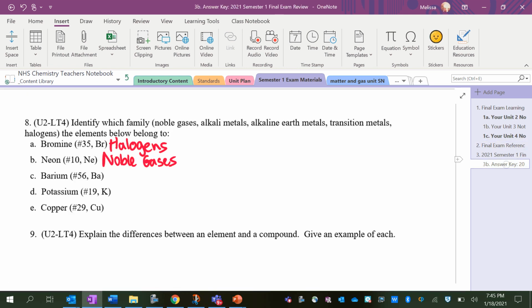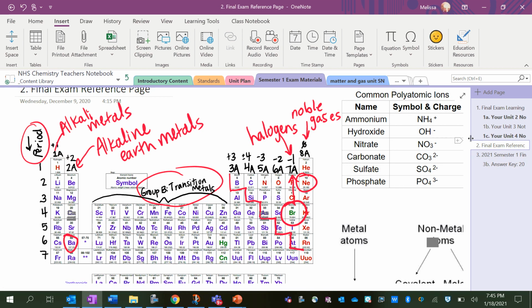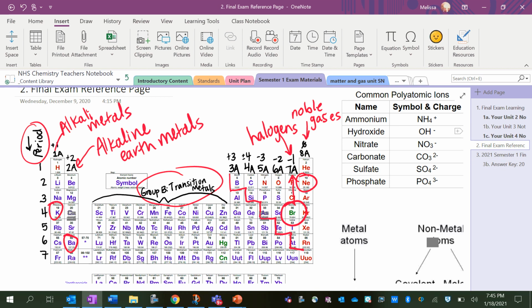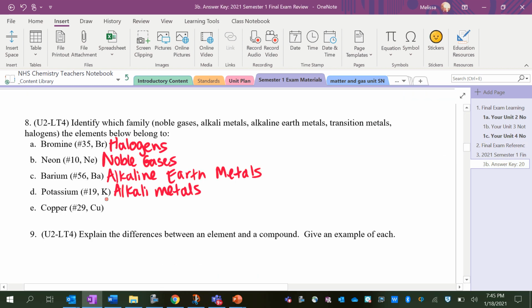So that's one of the alkaline earth metals. Potassium, number 19, is right here. That's one of the alkali metals. And copper, number 29, is right here. It says right above it, it is one of the transition metals.